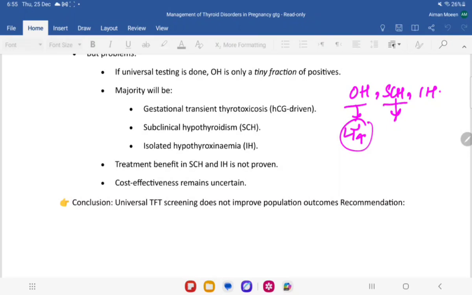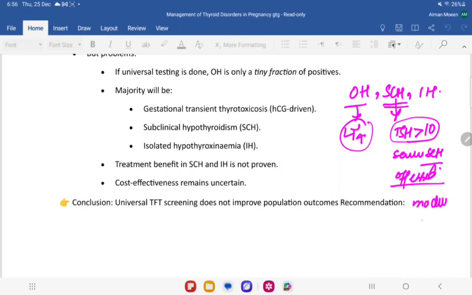In some conditions of subclinical, when the TSH level is more than 10, we call it severe subclinical hypothyroidism. For severe subclinical, according to the guideline, treatment should be offered. But for moderate, that is less than 10 milliunits per liter, treatment is considered. And for isolated, no treatment required.